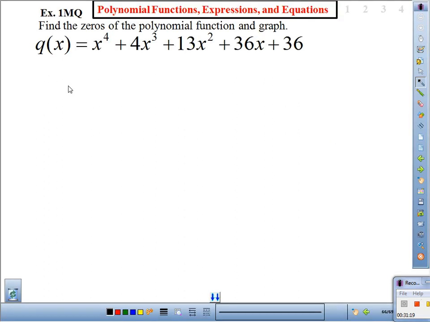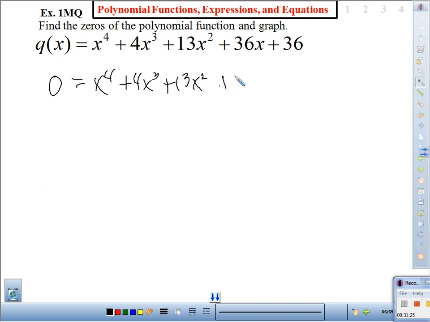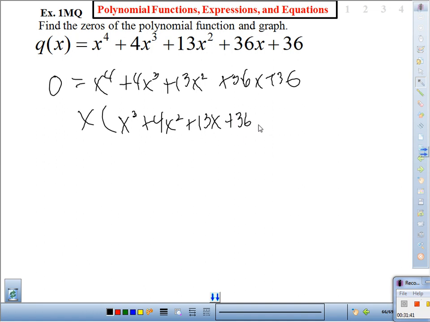Here it goes. 0 equals x to the fourth plus 4x cubed plus 13x squared plus 36x plus 36. Oh, what?